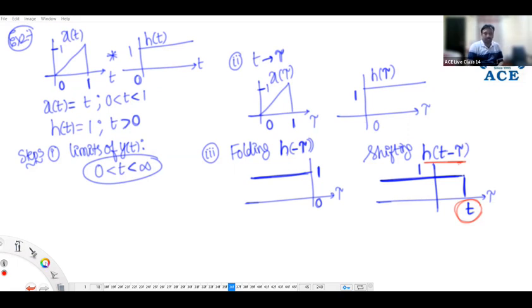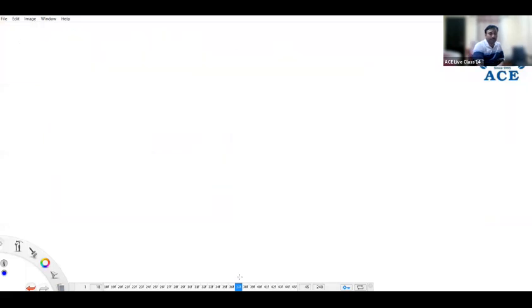Now our job is finding the overlap of x of tau and h of t minus tau. What is the first possible case? Assume the shifted signal has not entered the other signal. That is t less than 0. When you say t less than 0, what is the product x of tau into h of t minus tau?